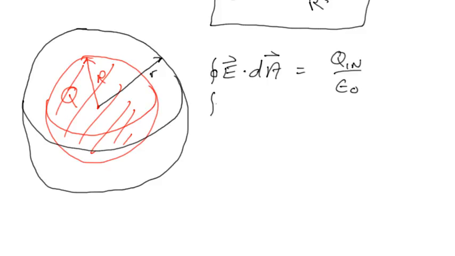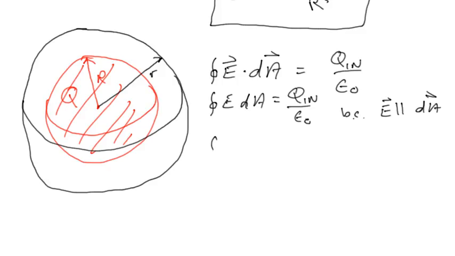So the first bit means I can say E dA is equal to Q in over epsilon 0, because E is parallel to dA everywhere. That's my justification, and then I can factor the E out.